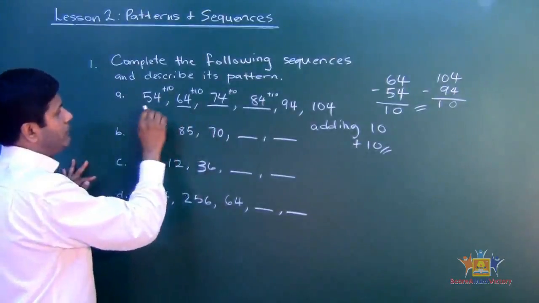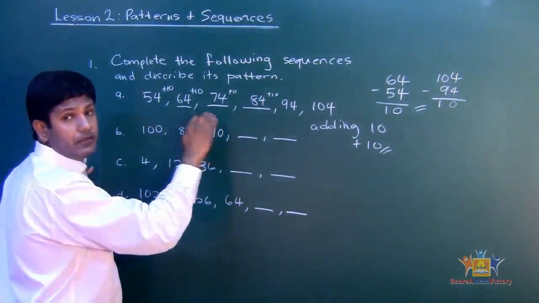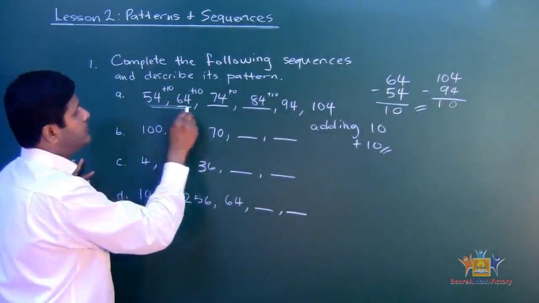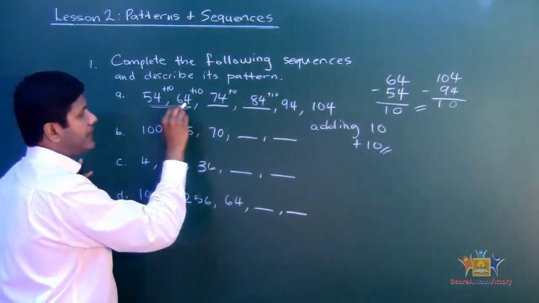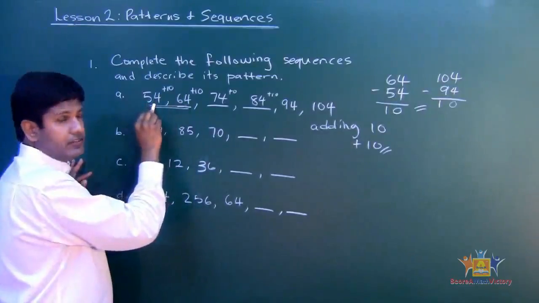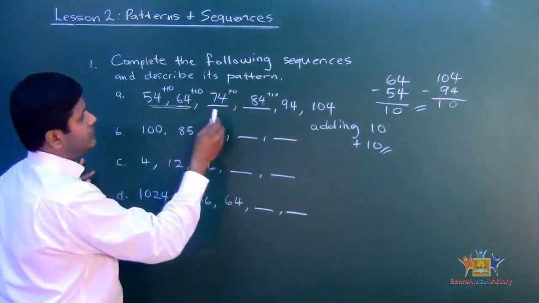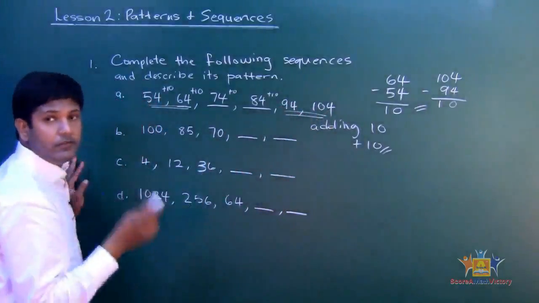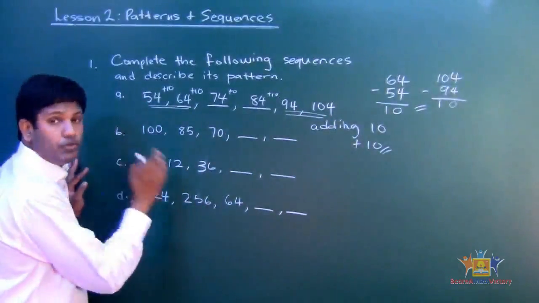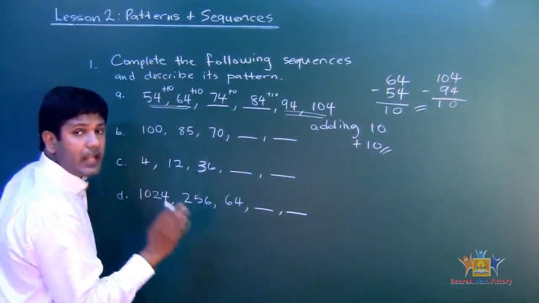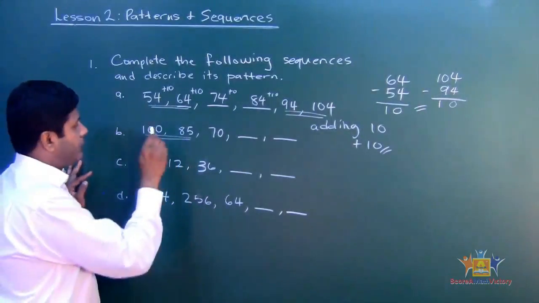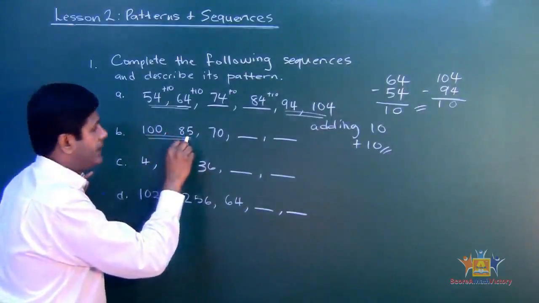When we knew it was going to be an addition sequence, we took two sets of numbers and took the second number subtracted by the first number, and then we took another two sets of numbers, second number subtracted by the first number. Now with the subtracting, it's the other way around. You still take the two sets of numbers, but you take the first number subtracted by the second number.